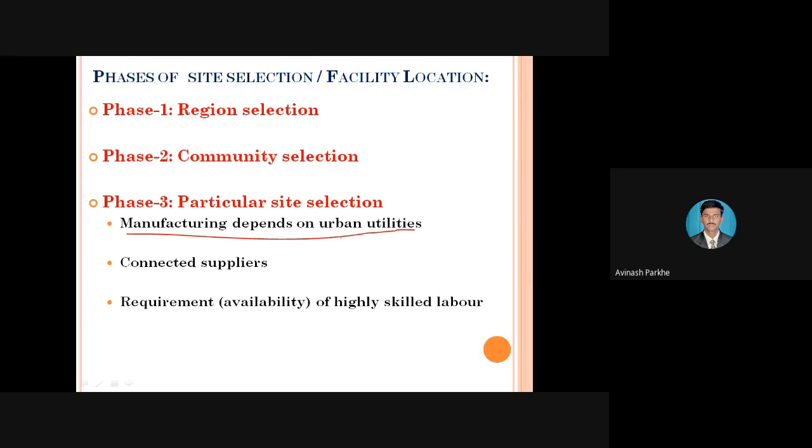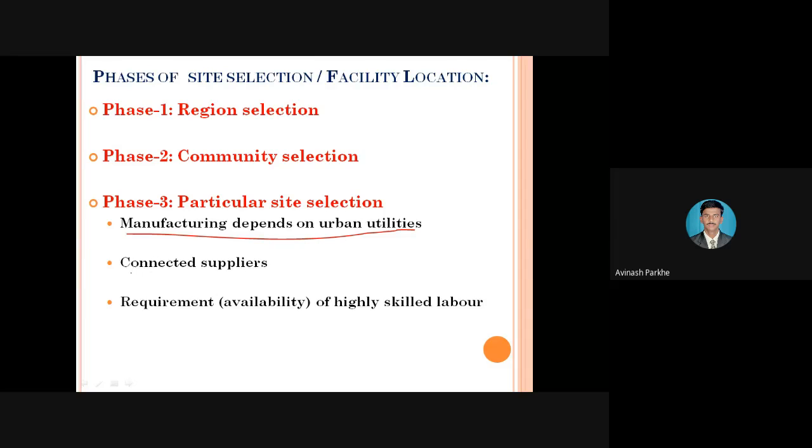And if I have to purchase land in the rural areas, in the small villages near Pandharpur, there is a maximum cost difference. The cost in the rural areas and the cost in the urban areas differ greatly. Therefore, whenever I am selecting the site, the availability of land plays a very important role under phase number 3.